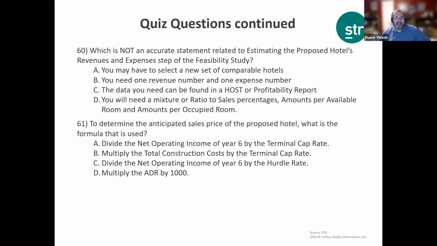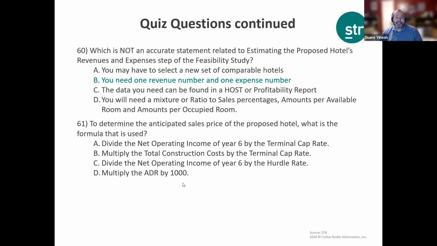Read the question. Correct answer is going to be B. B says that you need one revenue number and one expense number. No, we know that's not correct, right? We entered a lot of different numbers, didn't we?